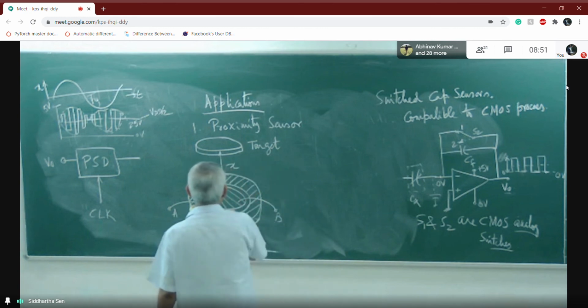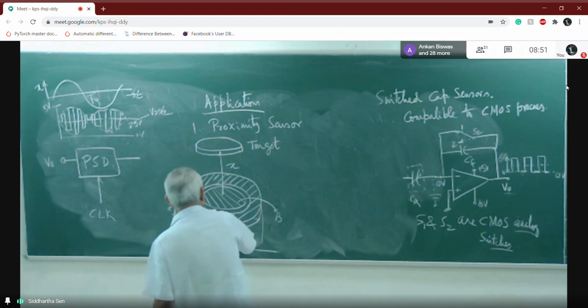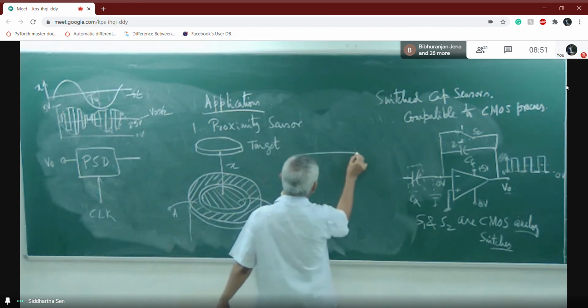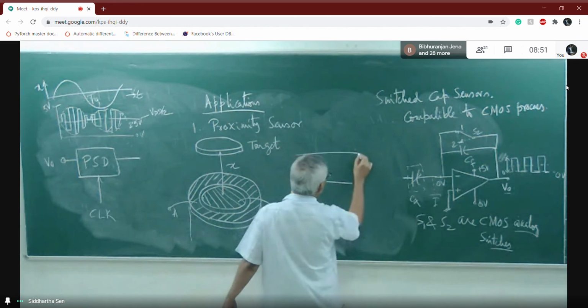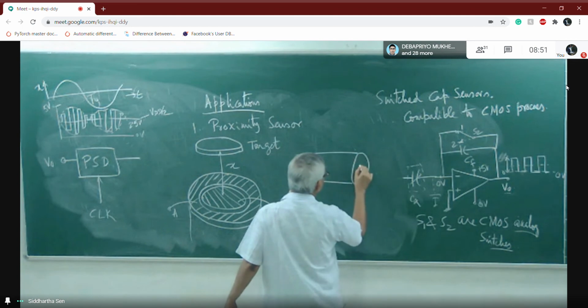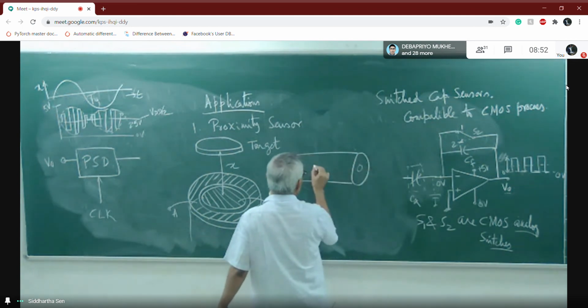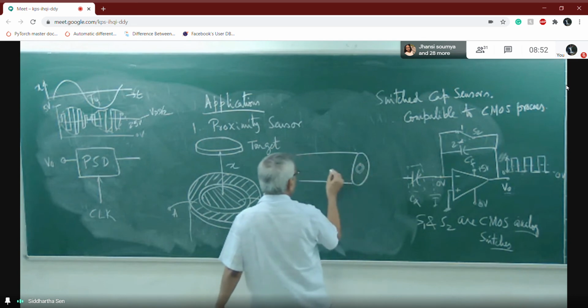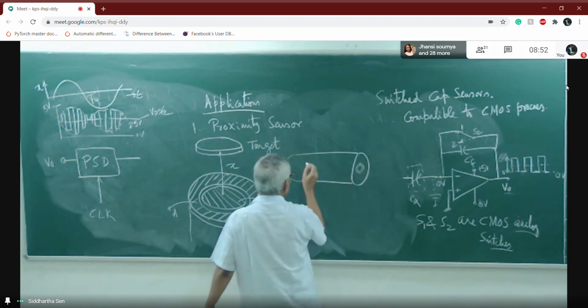So what is happening is that, if we look at it, all the circuits are here. It looks like this. This is the face of the proximity sensor, and this is the actual output.